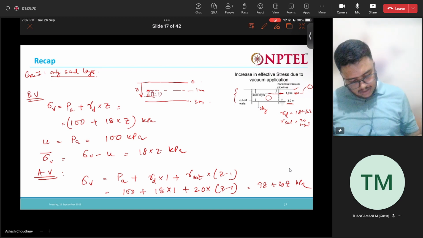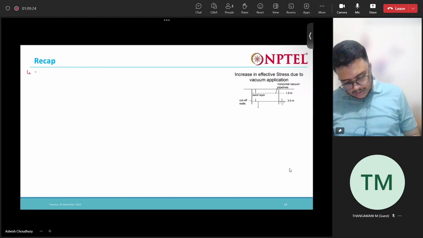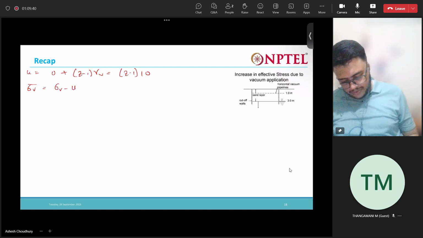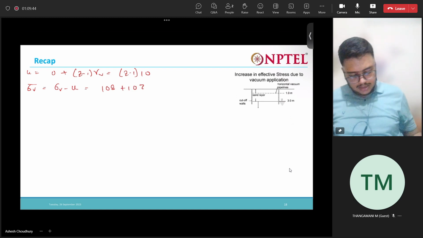So the pore pressure will be 0 plus z minus 1 into gamma W. If I take gamma W as 10 for approximation, what is the effective stress? We get 108 plus 10z.